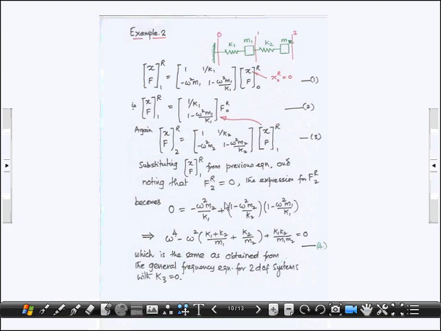we also know, as I told you, we need to apply the end conditions. The other end condition that we have is that F_R2, the force at this point, is 0.